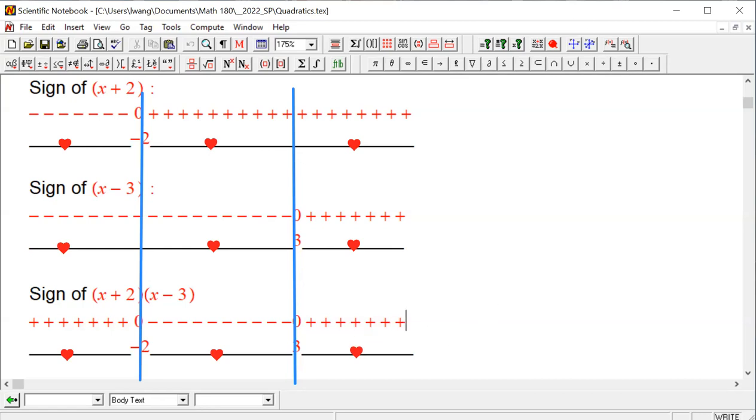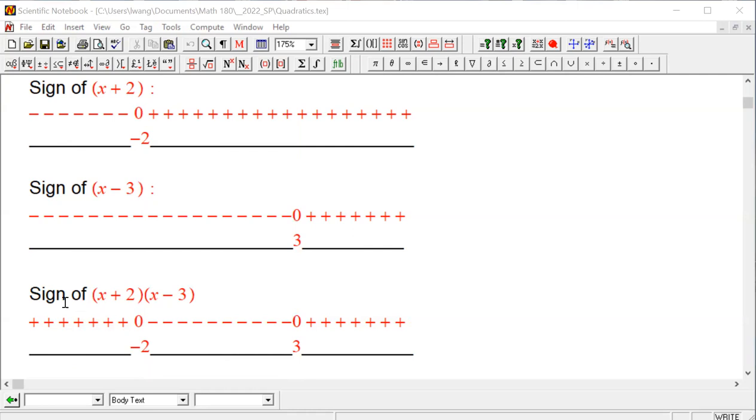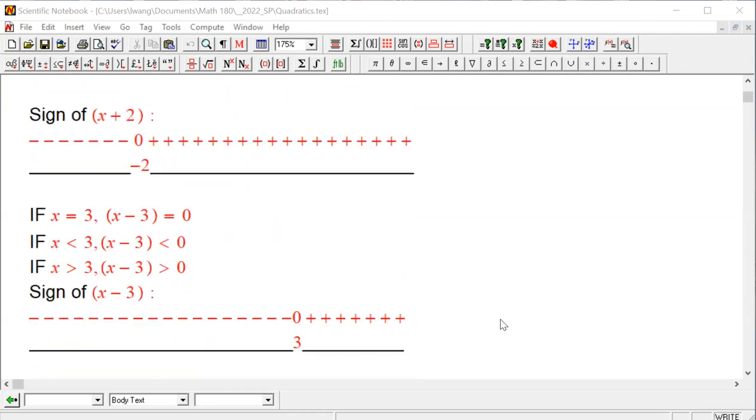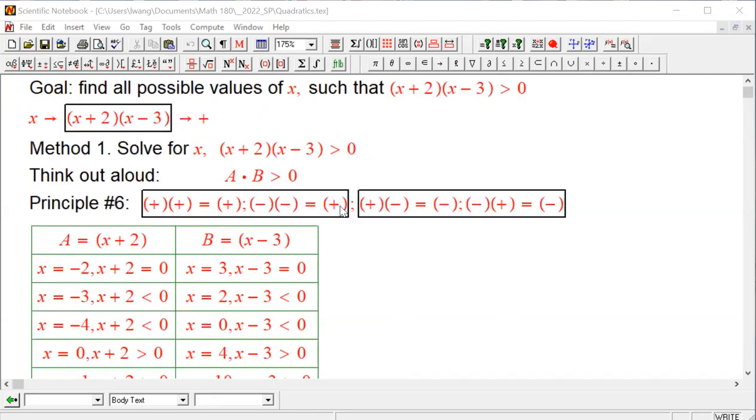So now the distribution of the product is clear. The sign of this product: less than -2 is positive, between -2 and 3 is negative, larger than 3 is positive. And what are we solving for? We are solving for all the x's such that the product is positive.